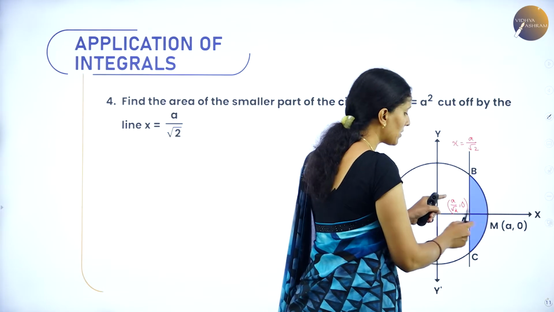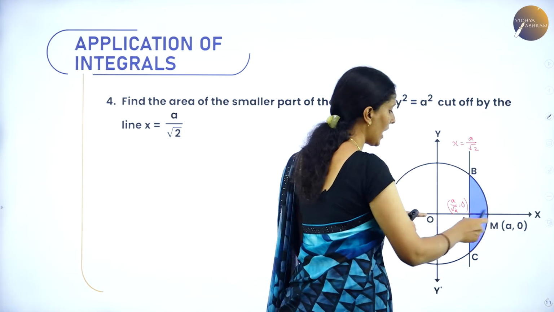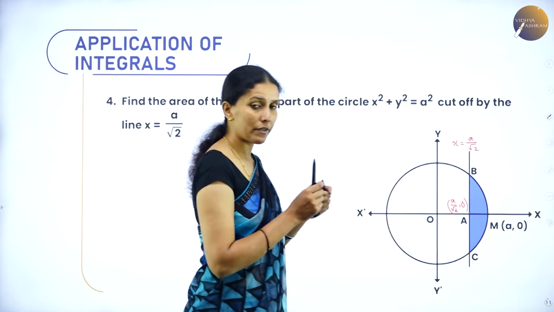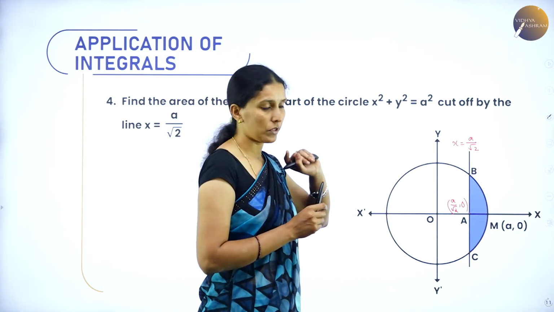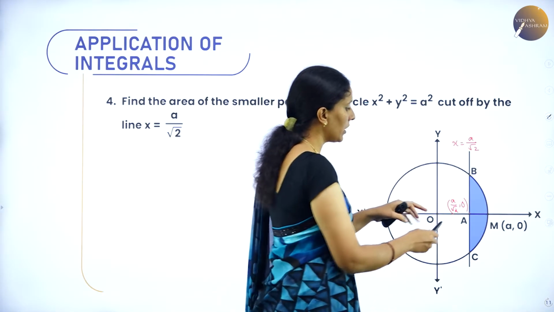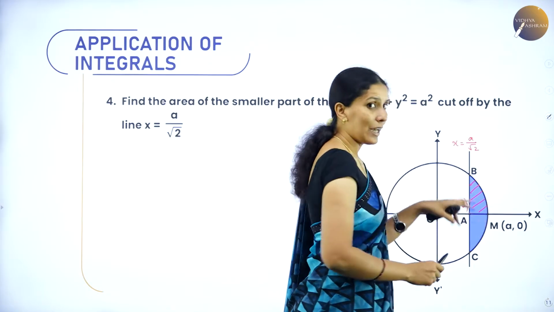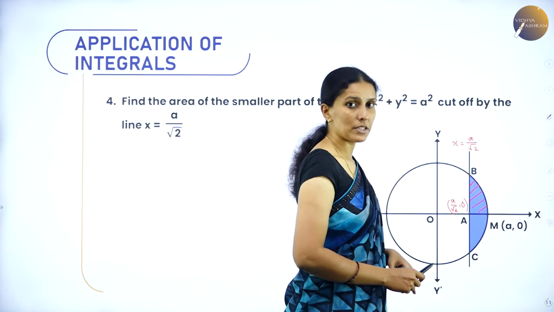Now the limits on the x-axis are from a by root 2 to a, where a is the distance of the circle from the center, which is nothing but the radius of the circle. Now we need to calculate only this one. So I will only calculate the first part of the region, then I will double it so that I get 2 times the area.